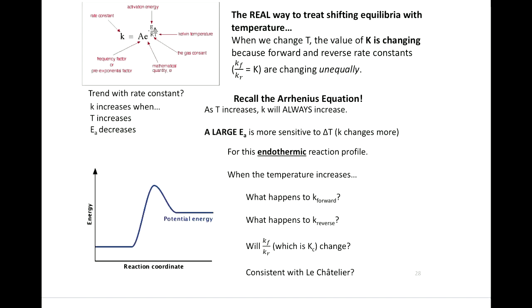It's because when we heat up a reaction, the forward rate constant increases, the reverse rate constant increases, but they don't increase equally. What did we say about Jeff Bezos? Reactions that already go slow, do they increase more or less with added temperature? More.